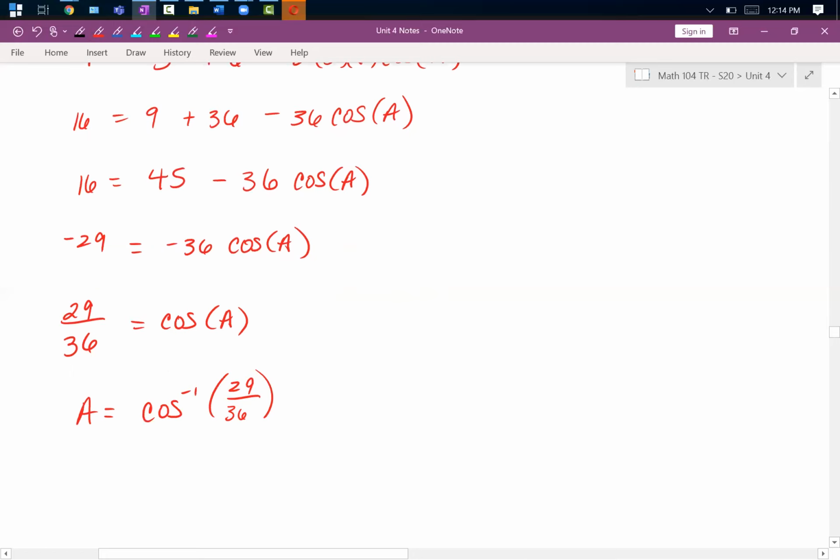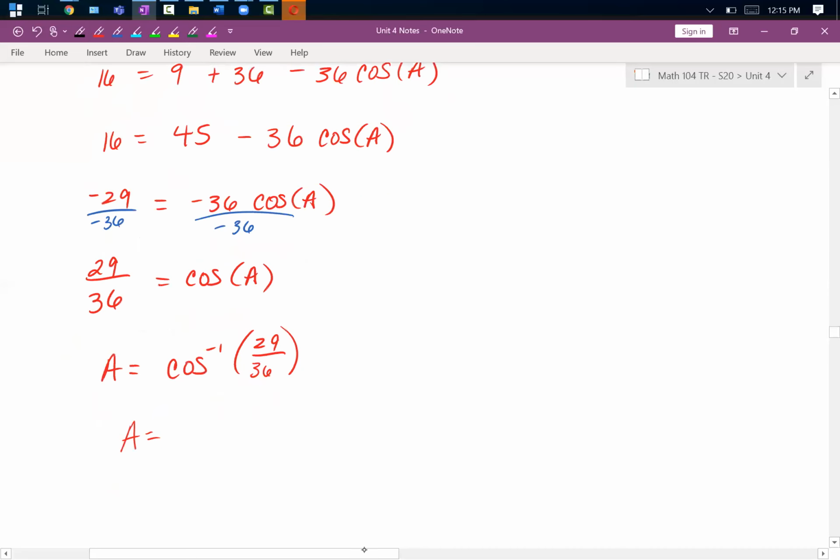Wouldn't the 29 over 36 stay negative? Nope, because we're dividing both sides by a negative. Oh, okay, never mind. Always good to double check our signs, though. And we're rounding to the nearest hundredth. We get A to be equal to 36.34 degrees. So there's angle A.